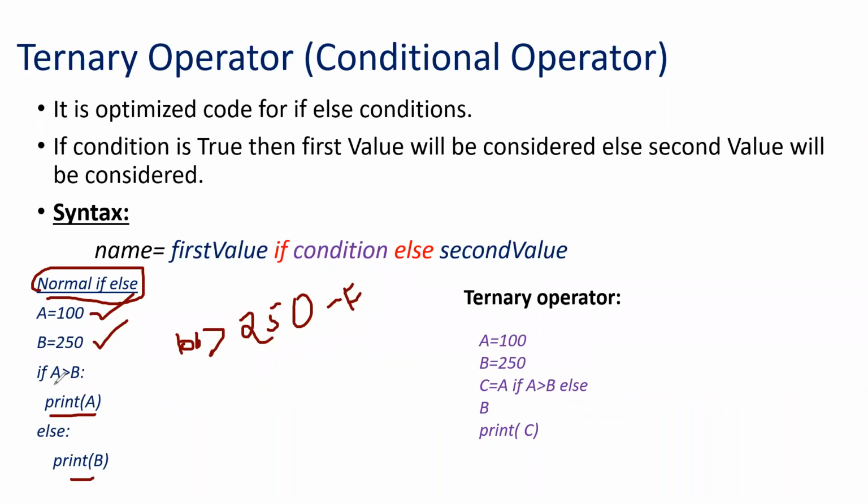The condition given here is 100 greater than 250, so this is false. It will not execute it, and directly skips to the else part, that is the alternative, print B. So the output is the B value, that is 250.